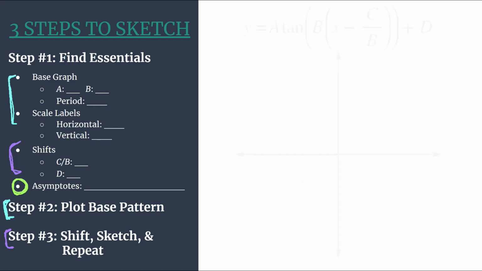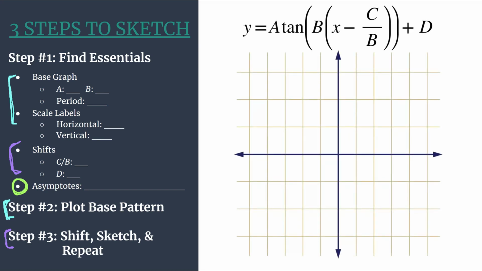Okay, so without actually working through an example, I want to show you what this will look like. We're not going to have any specific information, but let's assume we found all of our pieces in step 1. We identified our shifts, we found our asymptotes. Our base pattern for a tangent will look roughly like this for step 2. And remember, we will plot it lightly or in a different color than we'll use for our final graph.